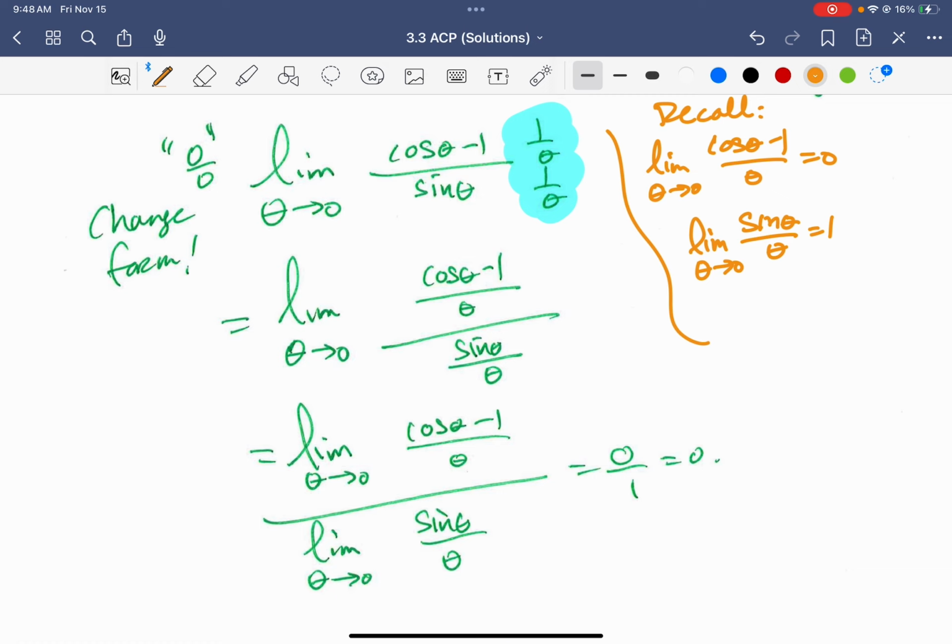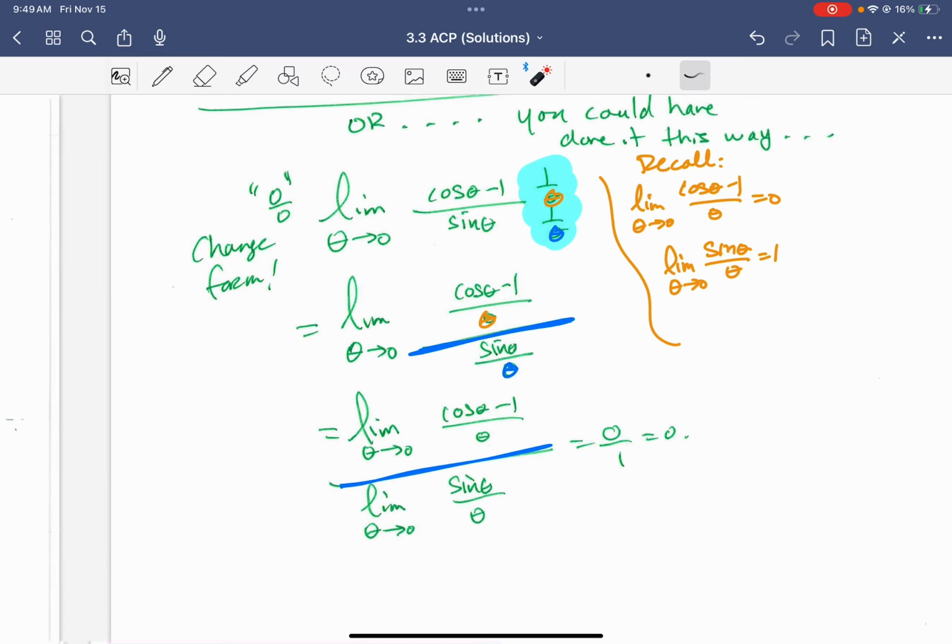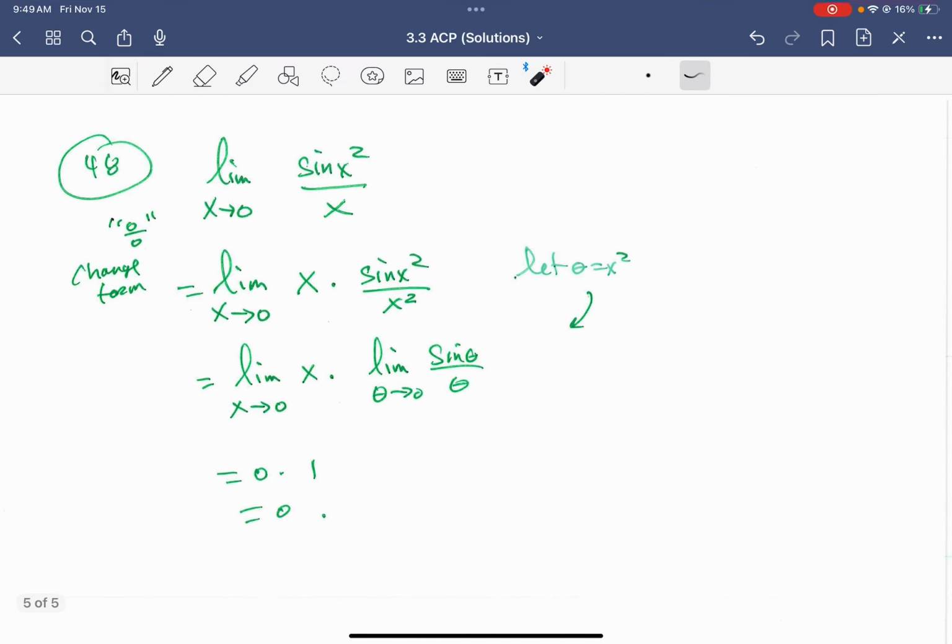Now when I multiply by 1 over theta, this theta I put underneath here, and this theta I put underneath here. But the limit of a quotient is just the quotient of the two limits as long as the limits exist, and they do. The top one just wants to be 0, the bottom wants to be 1. 0 divided by 1 is 0.